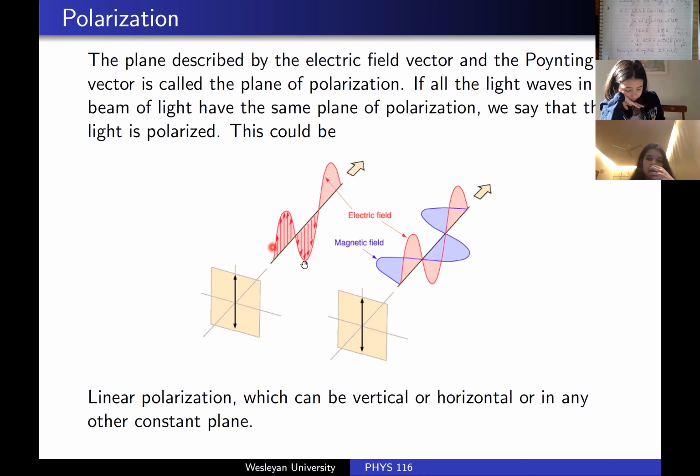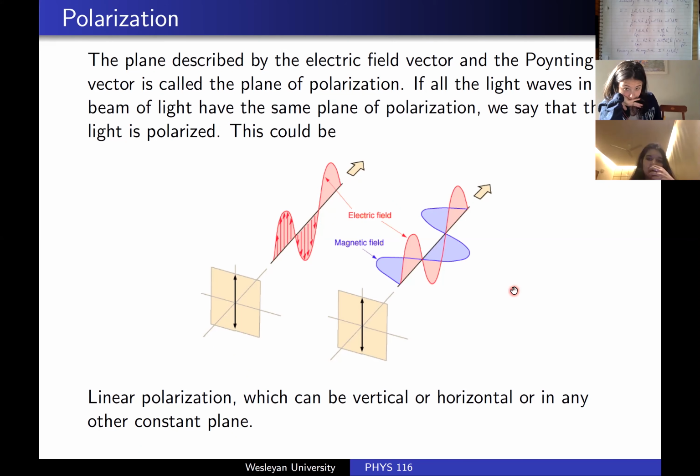Until now, we've been assuming that the E field is just oscillating along a fixed direction. Here it's oscillating in the vertical direction as the wave is propagating like so. And this is an example of linearly polarized light.